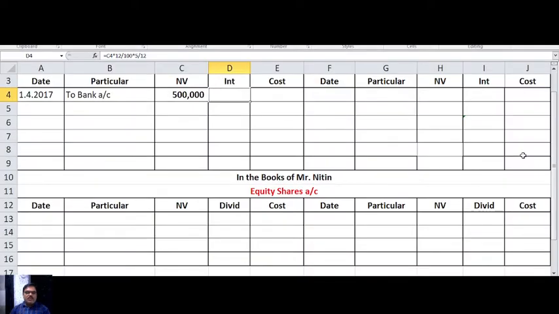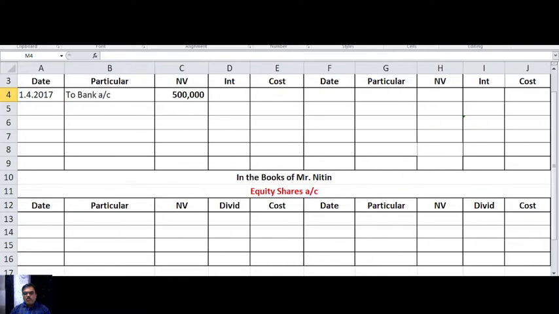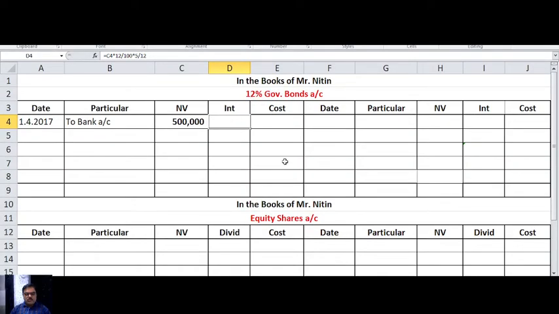We purchased on 1st April, so how many months are there from the last due date? The last due date was 1st November 2016, then December, January, February and March. April doesn't get included. So that is 5 months. So we have to calculate 5 months' interest at the rate of 12%.